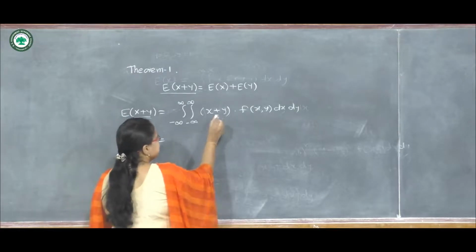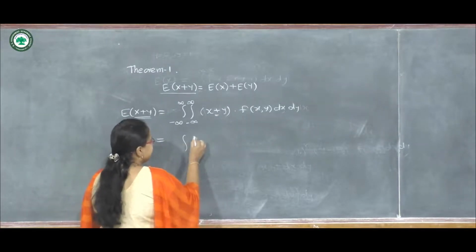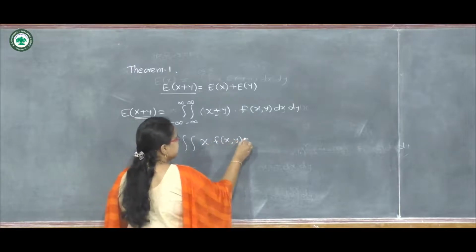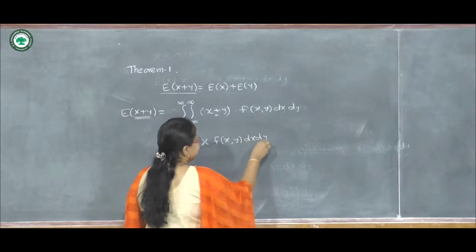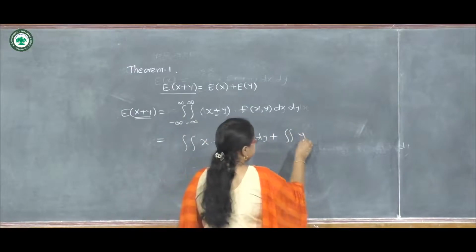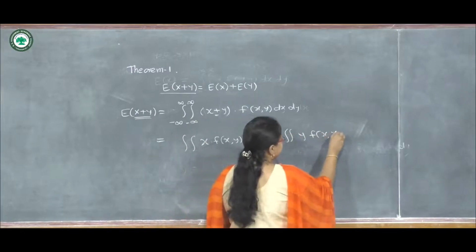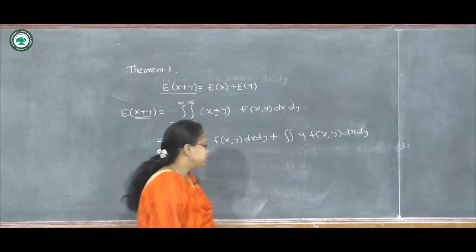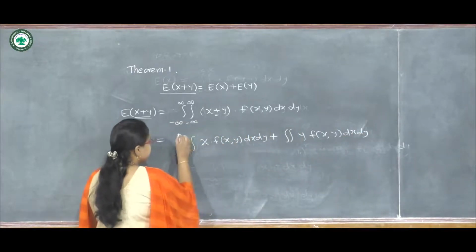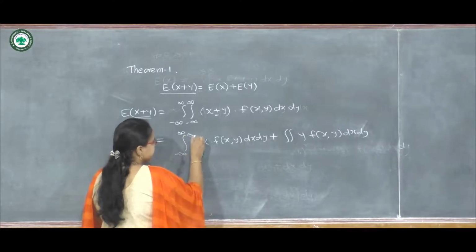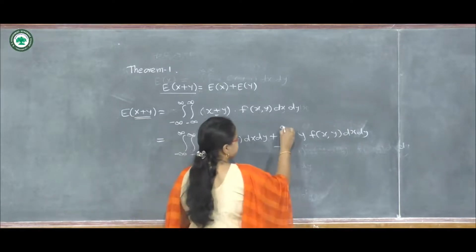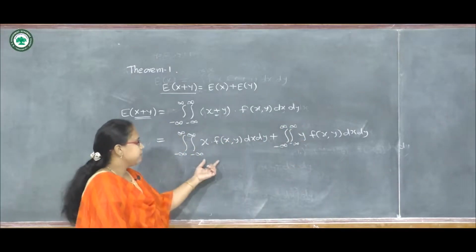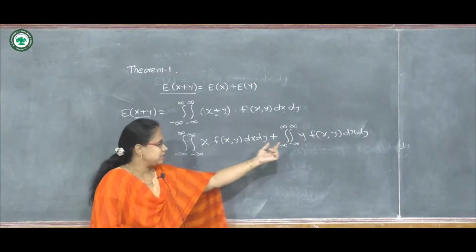Because of this plus sign we can write the double integration of x times f(x, y) dx dy plus the double integration of y times f(x, y) dx dy. We should write the integration range. So this is the proof, where this is expected x and this is expected y.